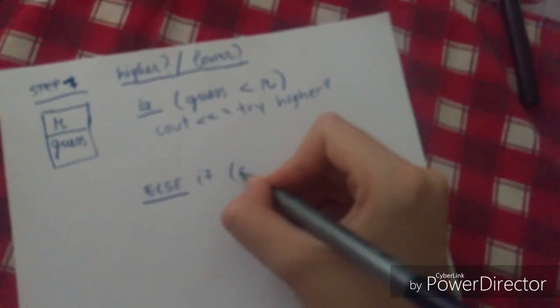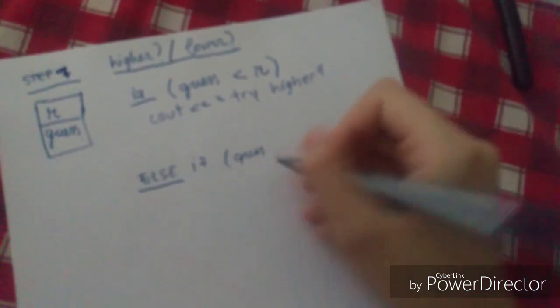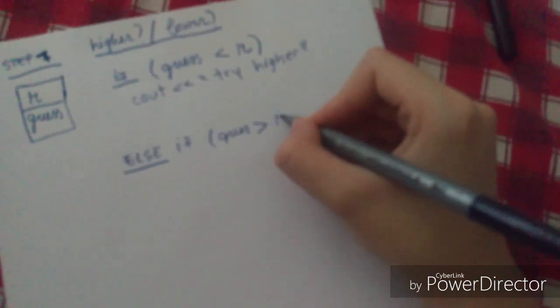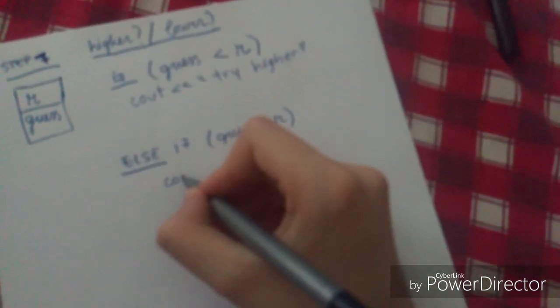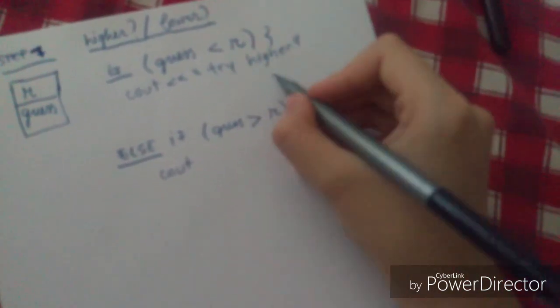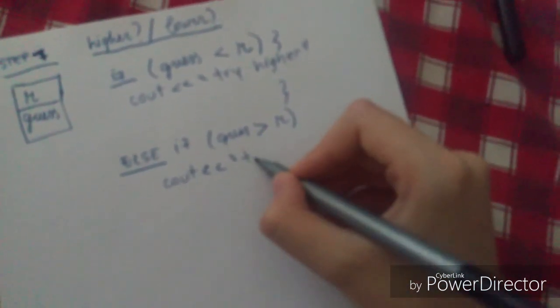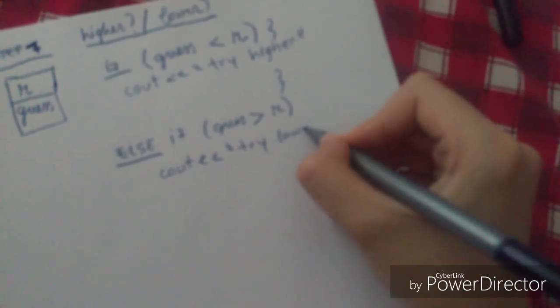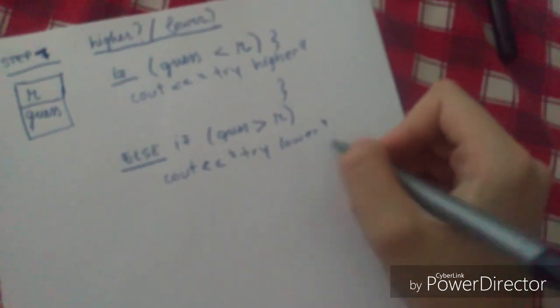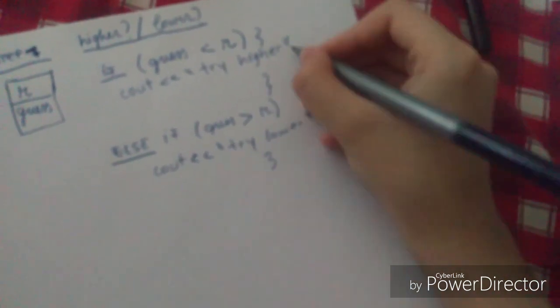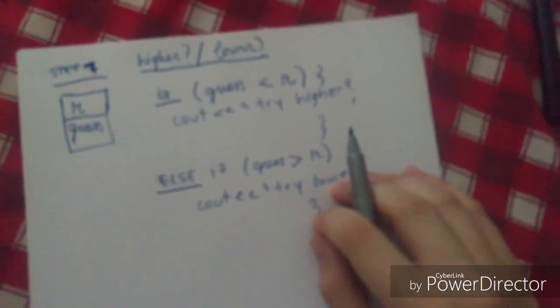Else, if guess is greater than the actual number, tell the user to try lower. So this is basically what we are going to need to perform the comparison.